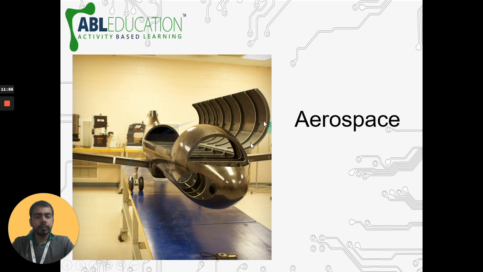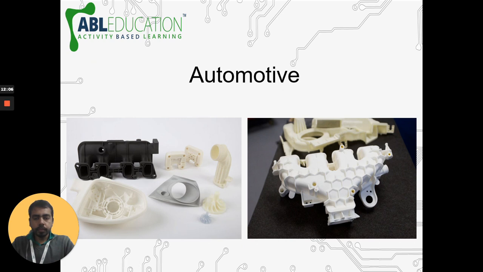In the aerospace industry, they do 3D printing of carbon fibers. You can make prototypes of automotive parts. I would also like to mention that not only plastic materials, we can also print metal.